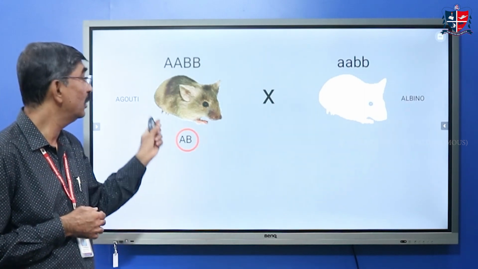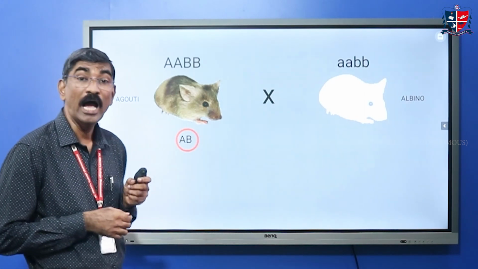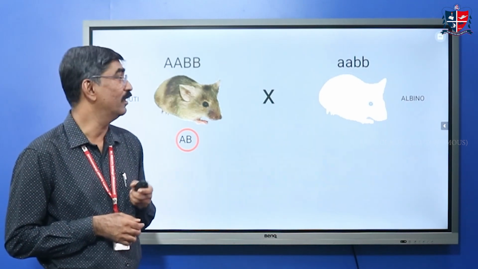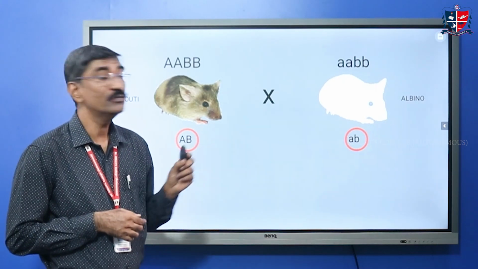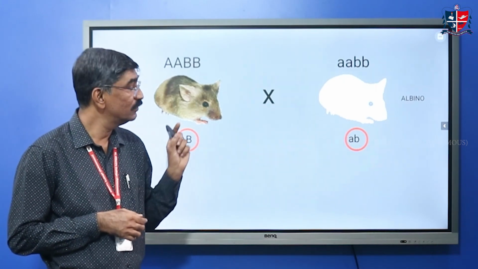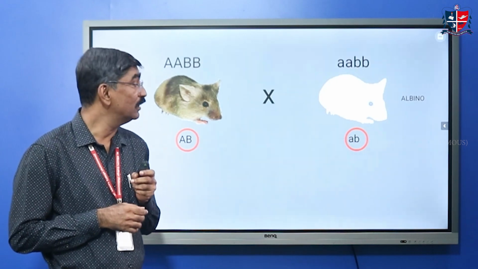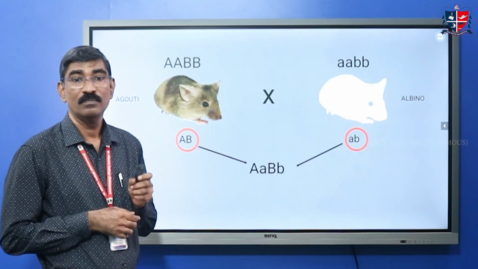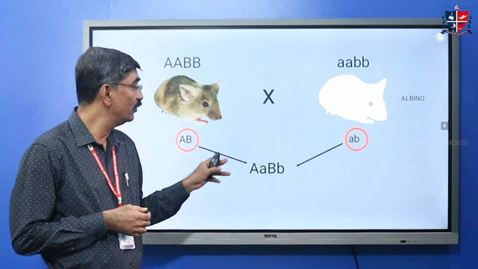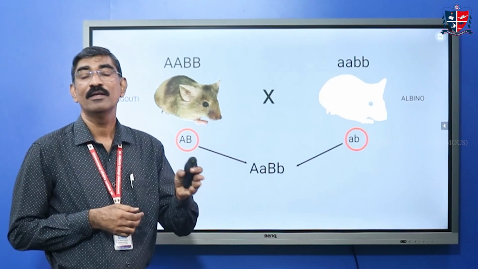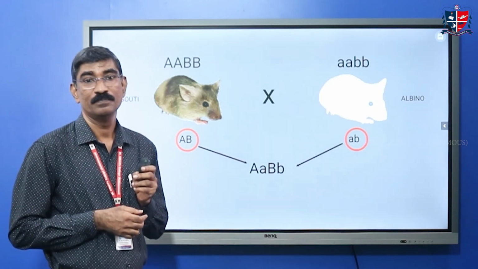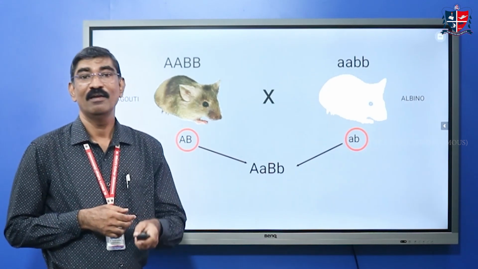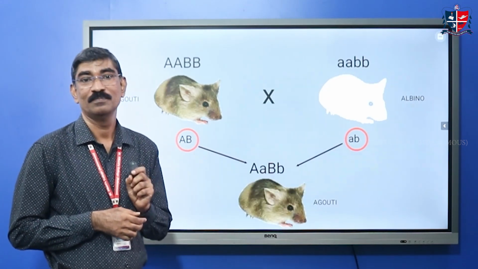The gametes produced by this agouti phenotype are of only one type, capital A, capital B. The gametes produced by this albino are also of one type, that is small a, small b. Now the F1, after fertilization, you will get the condition capital A, small a, capital B, small b. And what can be the phenotype? Definitely it will be agouti.